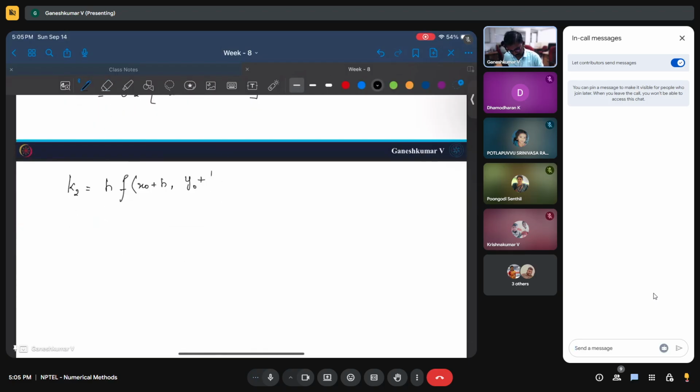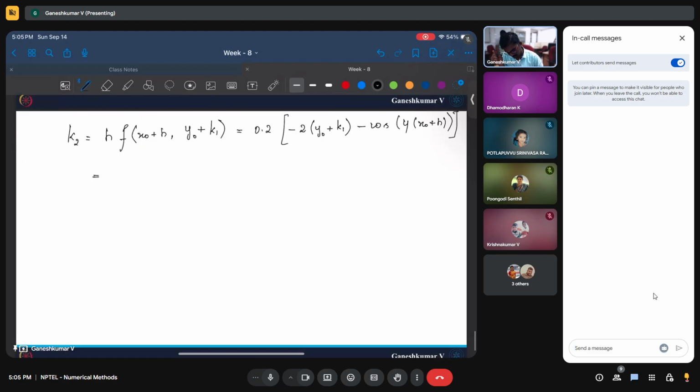So this becomes 0.2 into minus 2 times y naught plus K1, minus cos 4 times x naught plus h.